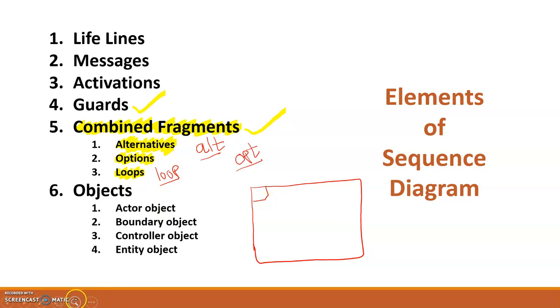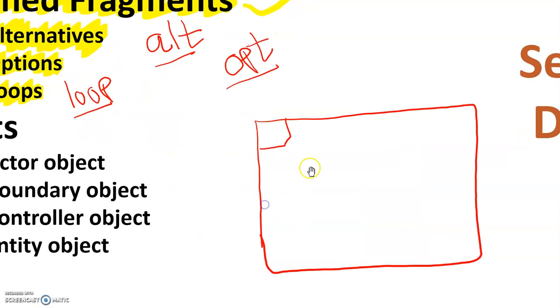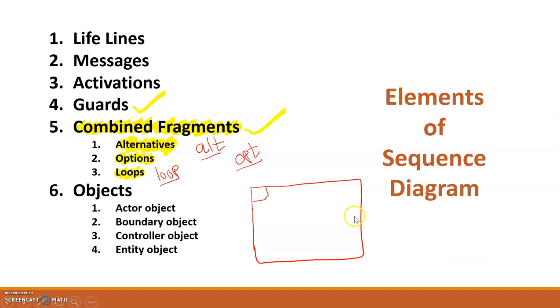Just a minute. See, this way you can draw it. So this is the symbol. Inside this, we write loop or ALT or OPT, whatever you want to write, you can write here. So this is about the combined fragments.